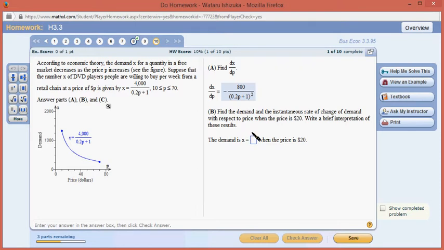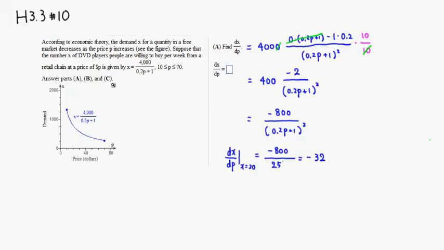Demand is, oh, sorry, we have to find the demand first. I didn't do that. Demand is just x of 20, which is 4,000 over, plugging in 20, 0.2 times 20 plus 1, so it's 5.